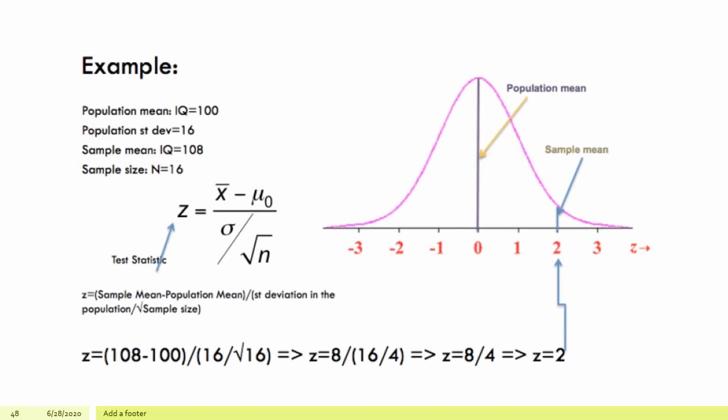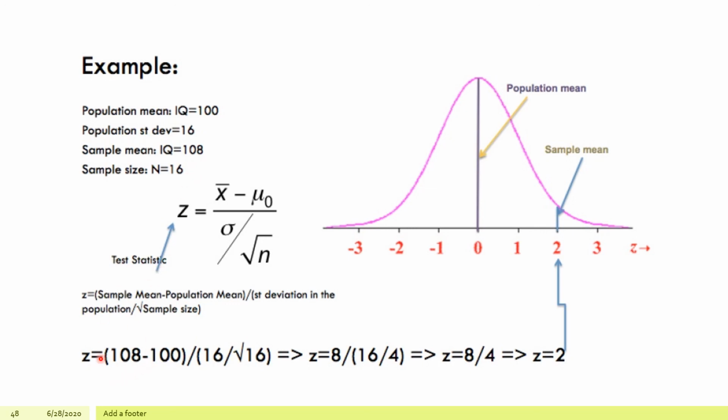So there is a formula: Z is equal to x bar minus mu naught divided by the standard error, that is sigma, the symbol for standard deviation, over the square root of n, where n is the sample size. I am going to substitute these values: population mean 100, population standard deviation 16, sample mean 108, sample size 16.